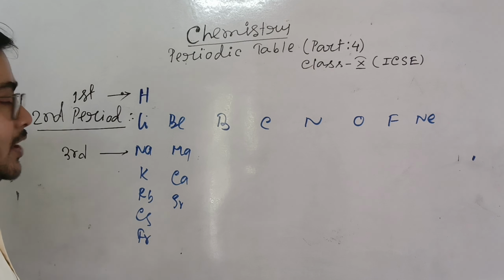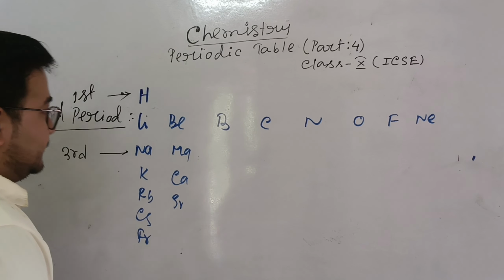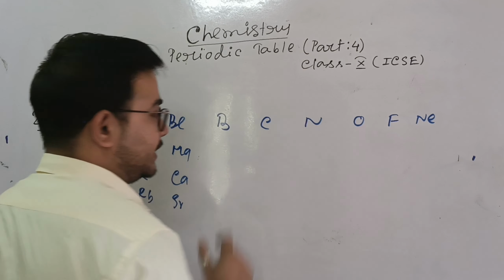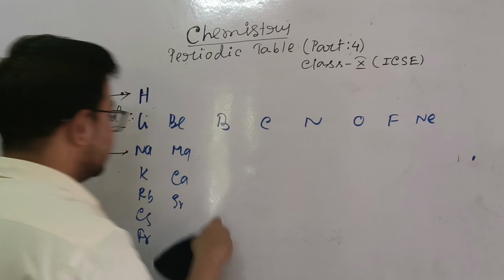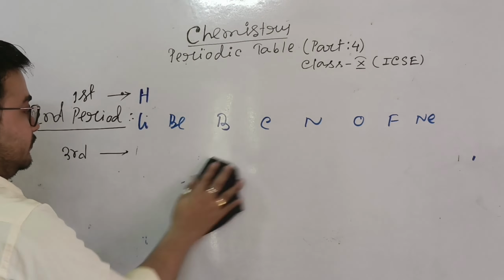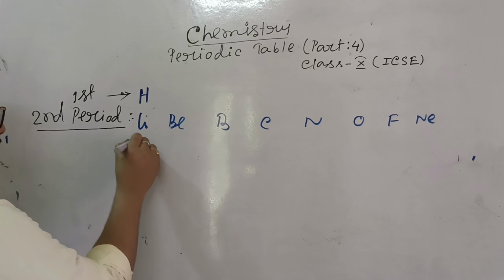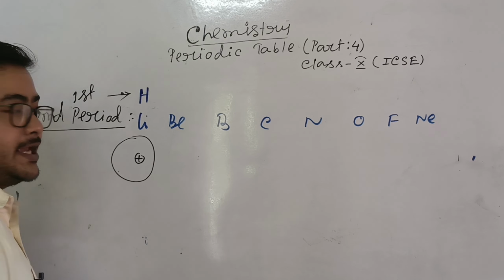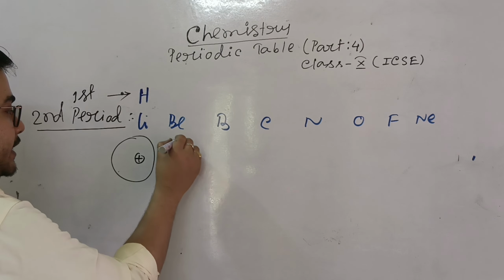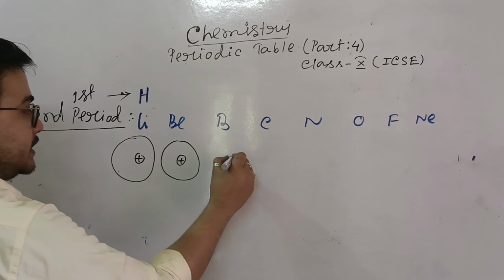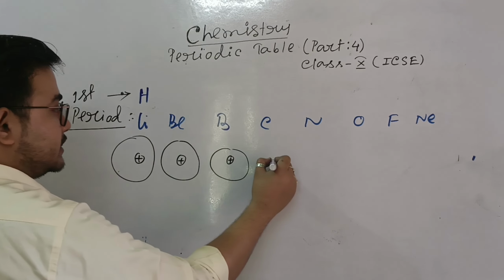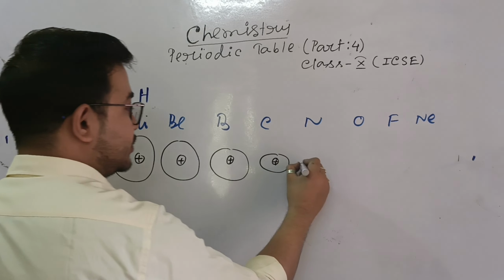It is obviously the first period, then the second, then the third, and so on. Now I already discussed, as we move left to right, the atomic radius decreases. Since this is the atomic radius of lithium, the atomic radius of beryllium decreases, boron also decreases, carbon again decreases.